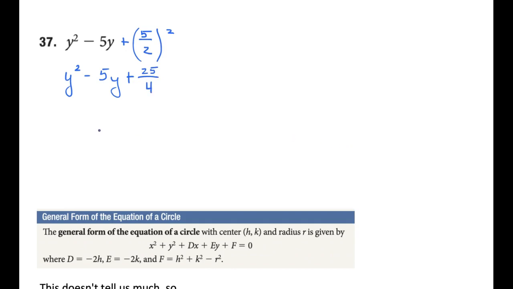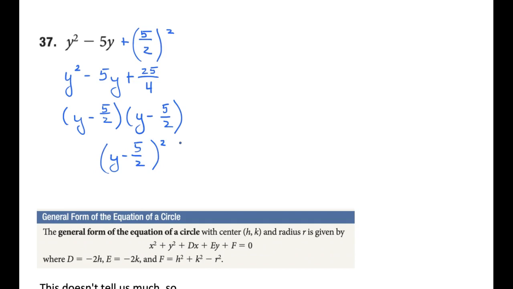Okay, so that's what this looks like as a perfect square. So if we were to factor it, we would get y minus 5 halves times y minus 5 halves, which is just y minus 5 halves, the whole quantity squared. So that's why this is a perfect square trinomial.